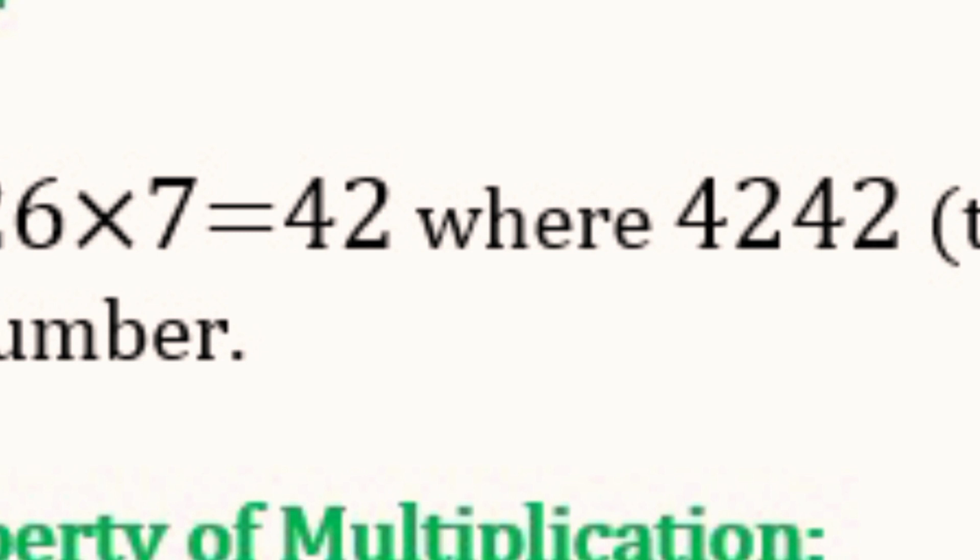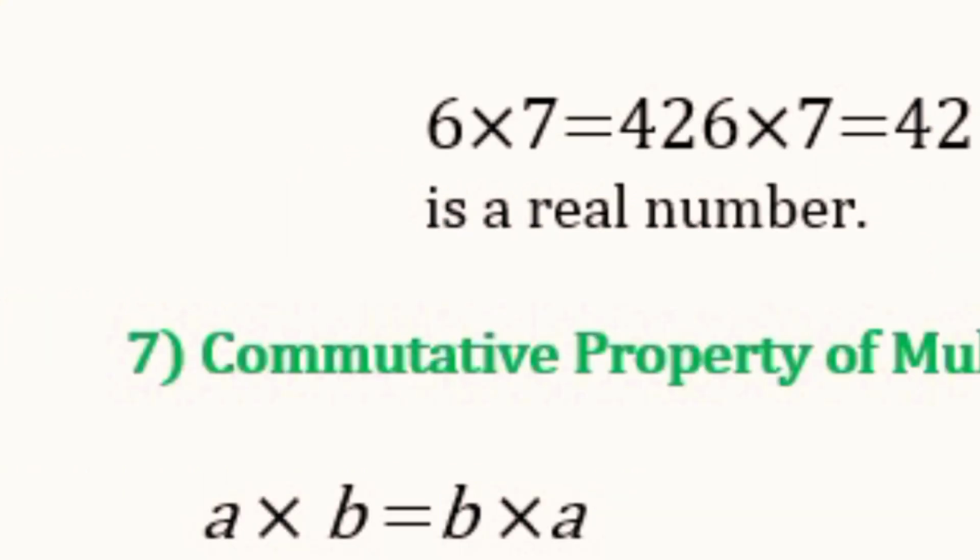For example, we take two real numbers 6 and 7. If we multiply them, we get 42. So 42 is again a real number. As we did closure property in addition, that is the same in multiplication, just the operator is changed.